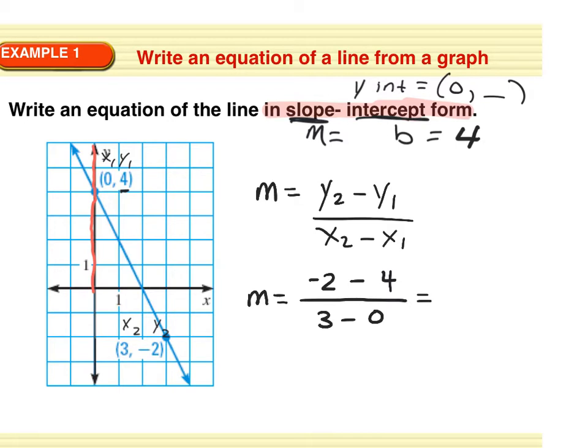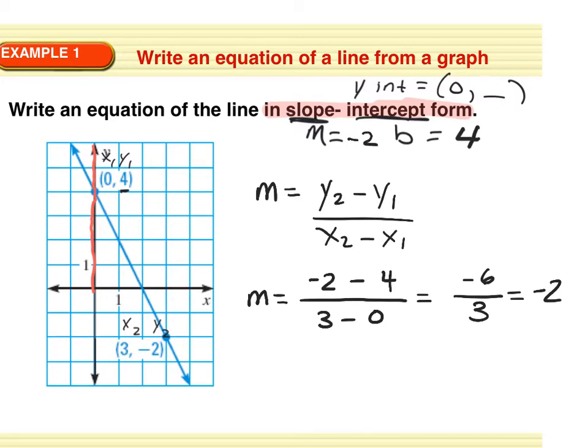Negative 2 minus 4 is? And 3 minus 0. Negative 6 divided by 3. Negative 2. So we know my slope is negative 2.